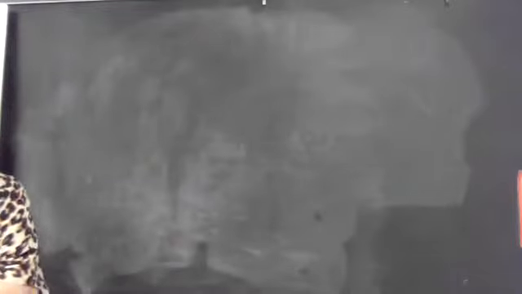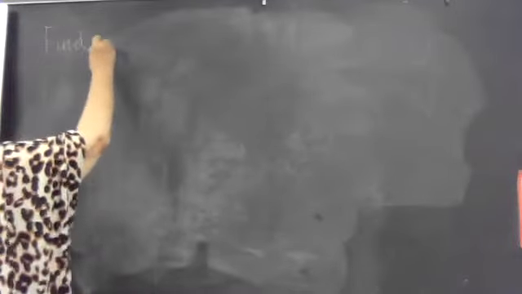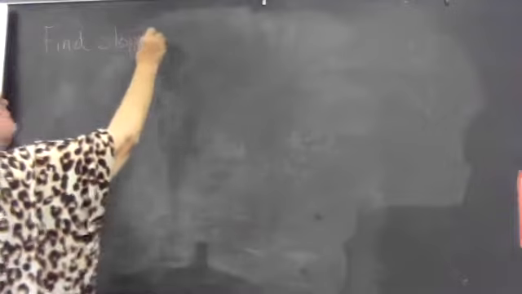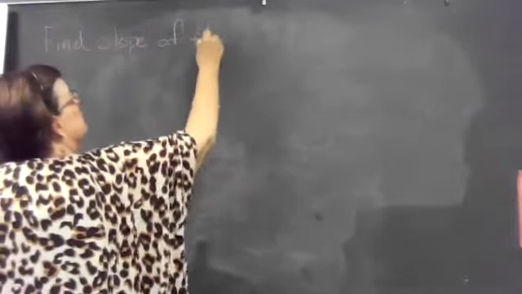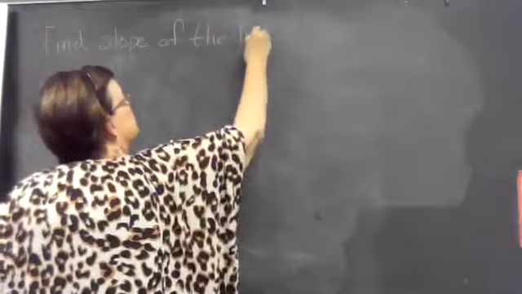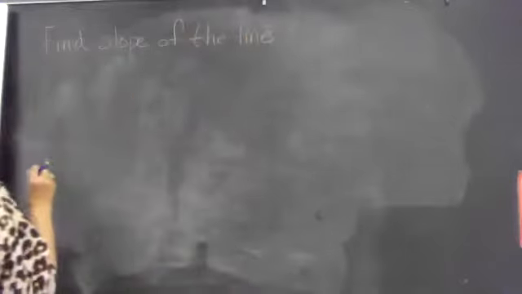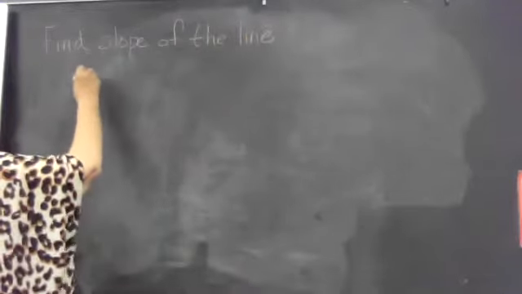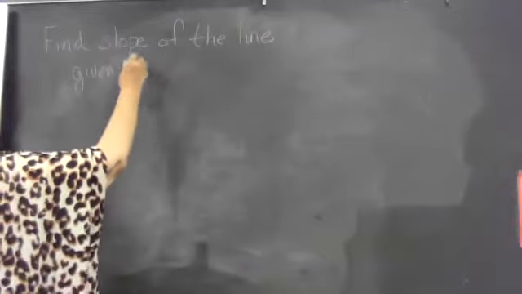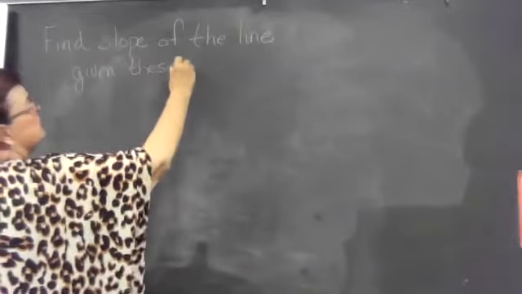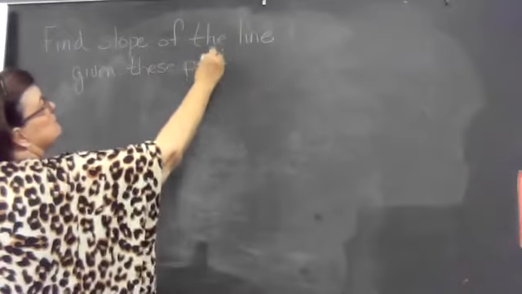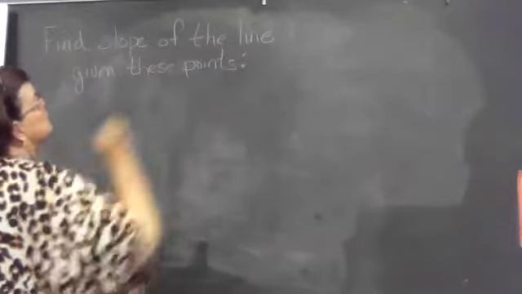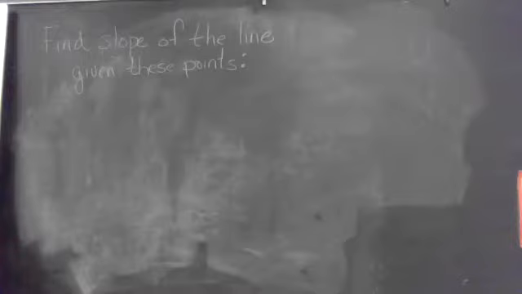Okay, let's say that the instructions say, find the slope of the line. Find the slope of the line is probably what it will say, something like this. This is the kind of instructions given: find the slope of the line given these 2 points.